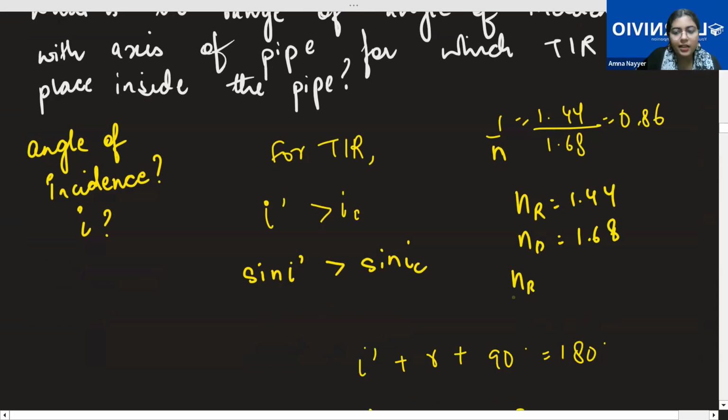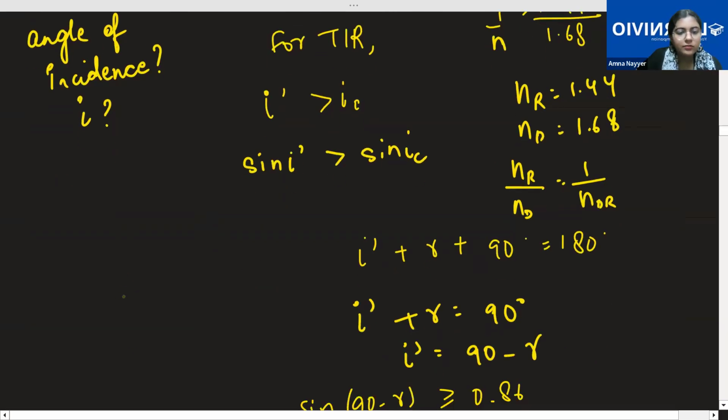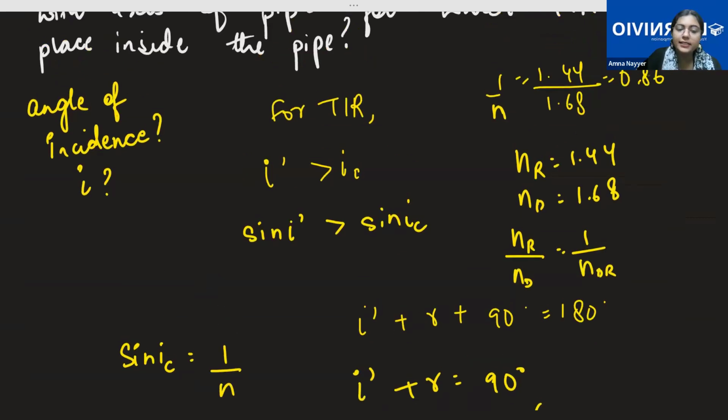So n_R by n_D is equal to 1 by n. If I write n_R divided by n_D, that is 1.44 divided by 1.68, which is 0.86. Now what is sine I c? I can say sine I c is equal to 1 by n. And what is 1 by n? 0.86.